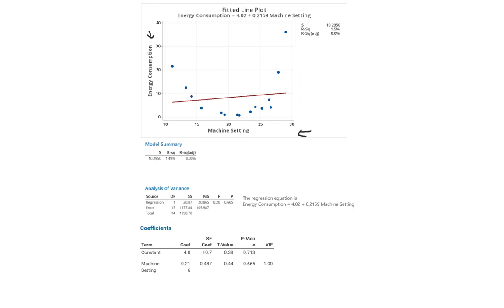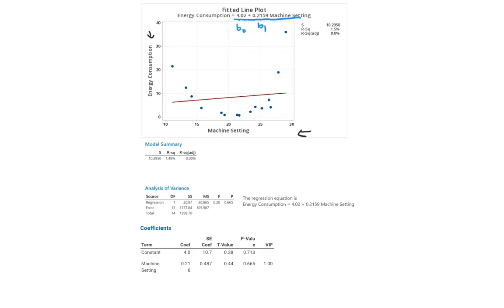So we calculate some formula. Here's our formula here. So our slope is 0.2159, and our y-intercept is 4.02. And we're asked, well, is this a meaningful regression?